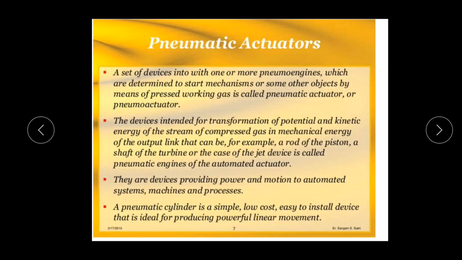They are devices providing the power and motion to automated systems, machines, and processes. Dear students, a pneumatic cylinder is a simple, low cost, easy to install device that is ideal for producing powerful linear movement.